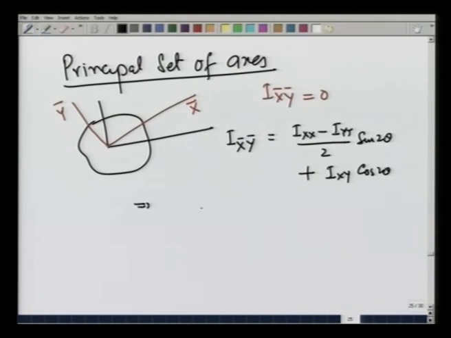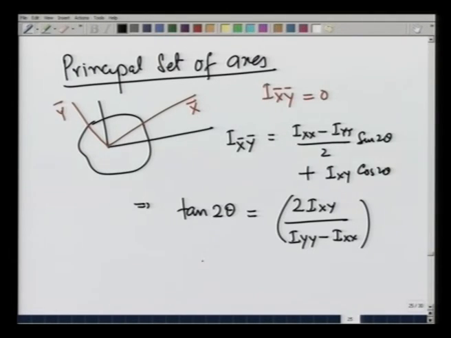This implies that if I rotate to a new set of axes such that tangent 2 theta is equal to 2 I x y divided by I y y minus I x x, I will get new I x bar y bar equal to 0.